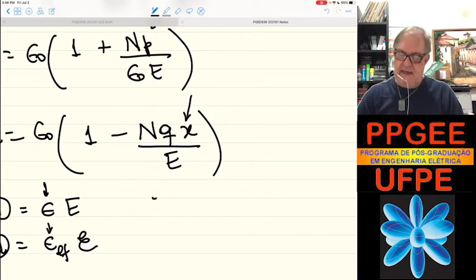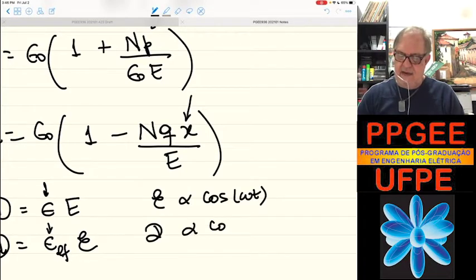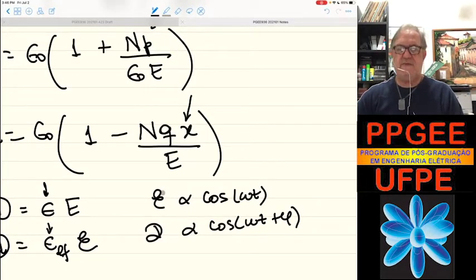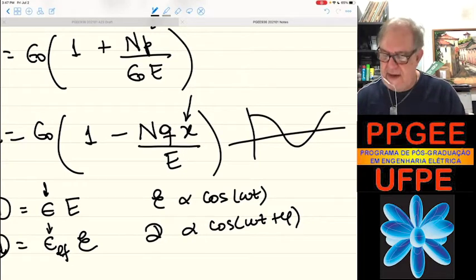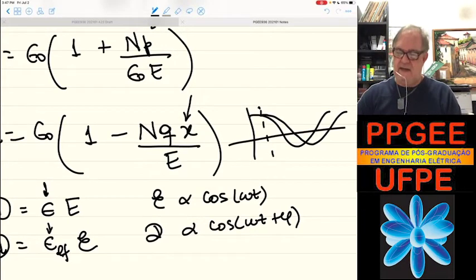We might have E like cosine omega t, and D like cosine omega t plus a phase. And I cannot say that these are proportional. They are different; these functions are not in phase. One is not the replica of the other. They are similar, but they are not the same.